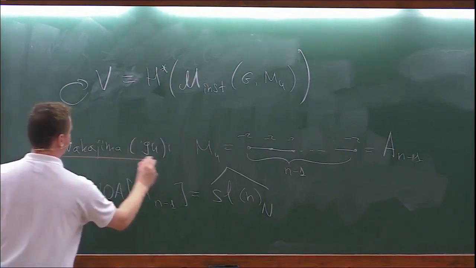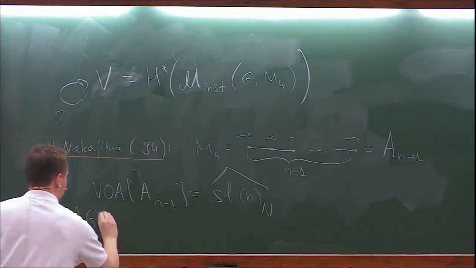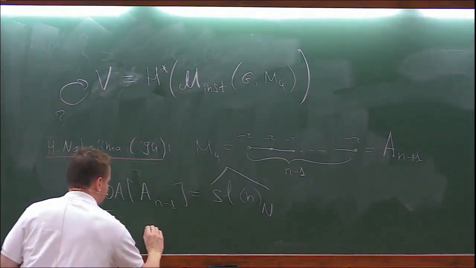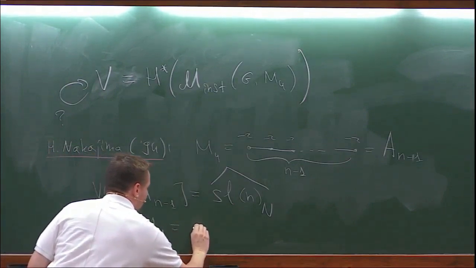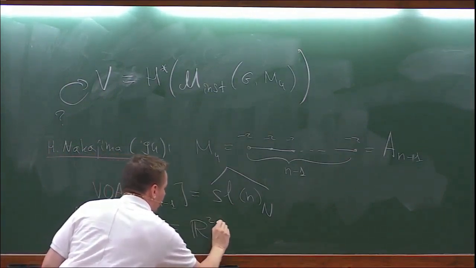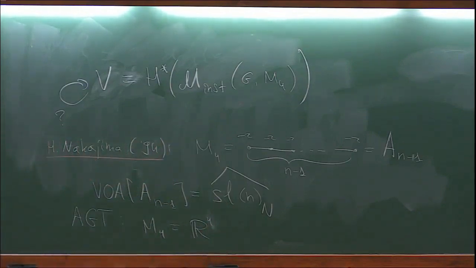So this was a prototypical example for many later attempts, including the AGT correspondence, which gives an answer for another classical example of a 4 manifold, which is basically R4, but R4 viewed equivariantly, just like in this vortex partition function that I was writing in the case of three manifolds.